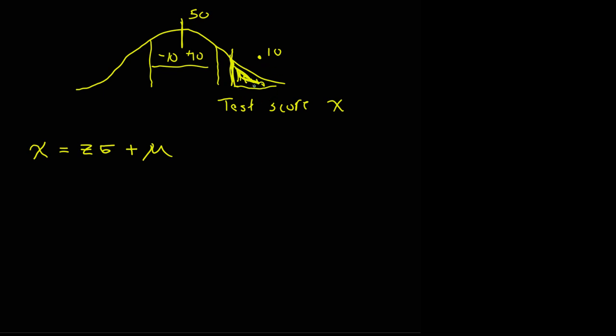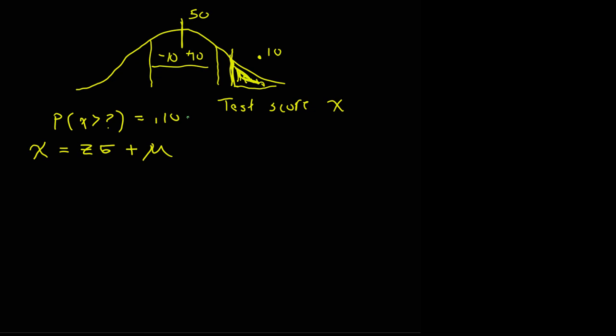I have my probability. So I have the probability of x being greater than some number we don't know, and that probability is 0.10.